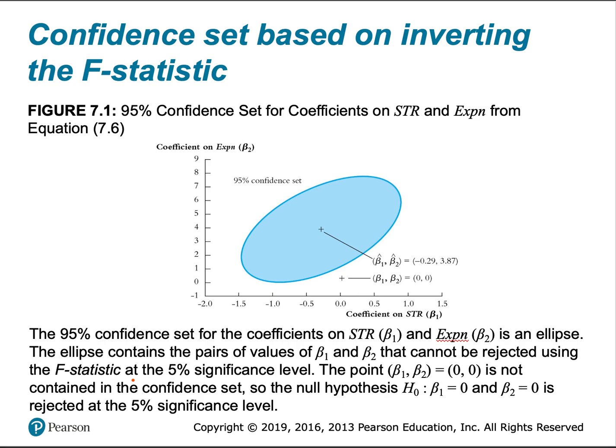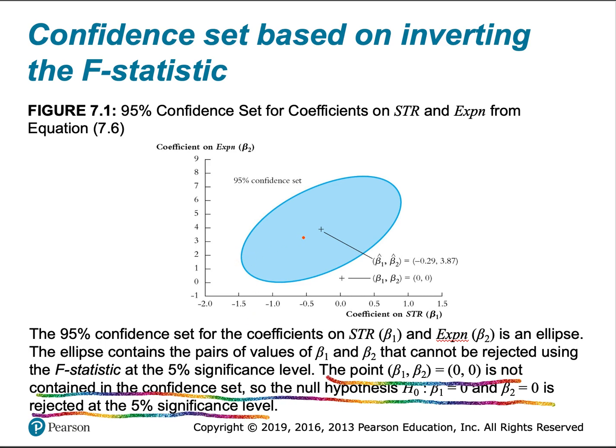Note that, importantly, the point beta 1, beta 2 equal to 0 is not contained in the confidence set, and therefore the null hypothesis that beta 1 is equal to 0 and beta 2 is equal to 0 is rejected at the 5% significance level.